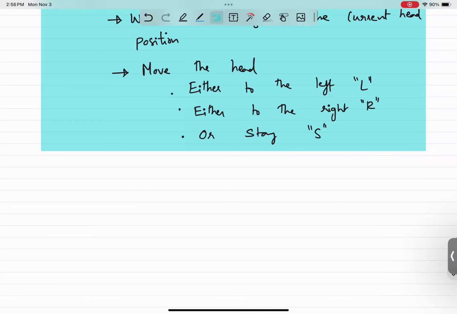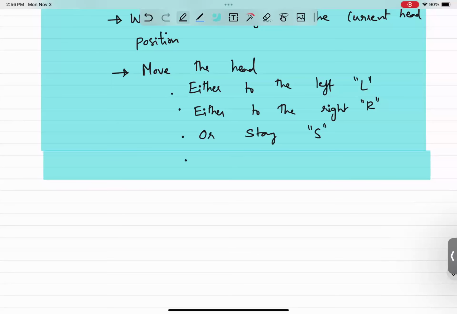Right. And lastly, this is again for convenience. I'm also going to allow something which is to just halt computation. It's like an abort, like, okay, I'm done. Now I'm done with the computation. Do whatever you want with the output.